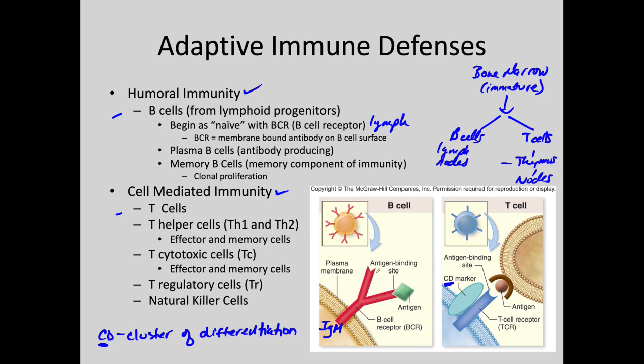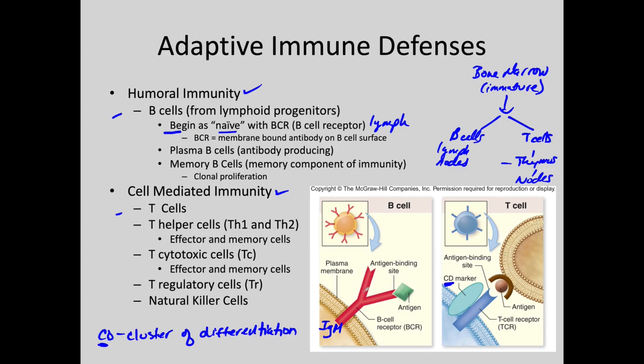These B cell receptors are really important. B cells will, once they move into the lymph node, become what are called naive B cells. This means that these antibodies that are bound to the surface, again, IgM antibodies, very specific class, are already specific for certain antigens.